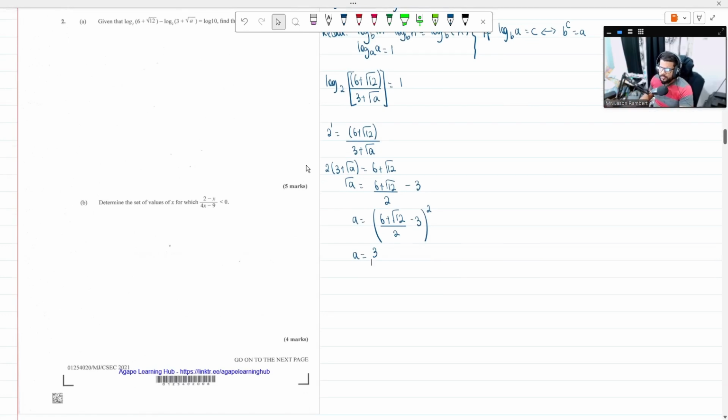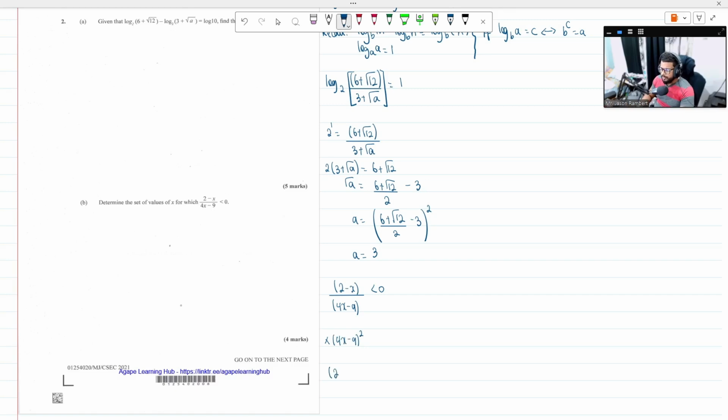Determine a set of values for which this is less than 0. So if I have 2 minus x divided by 4x minus 9, less than 0, the chain of command here is multiply by the squared denominator. So I'll multiply by 4x minus 9 all squared.